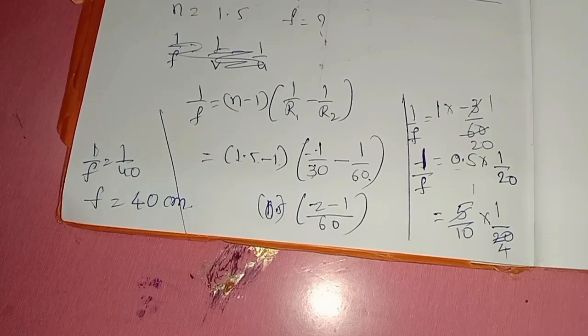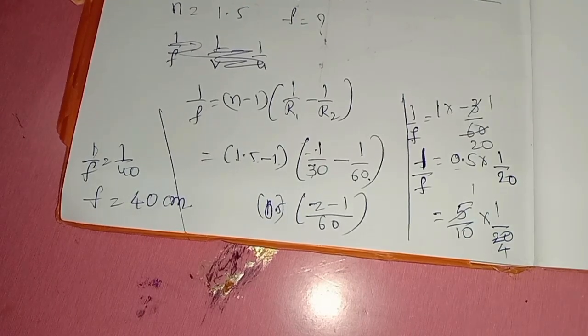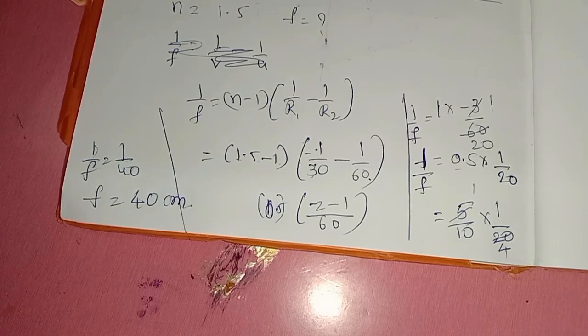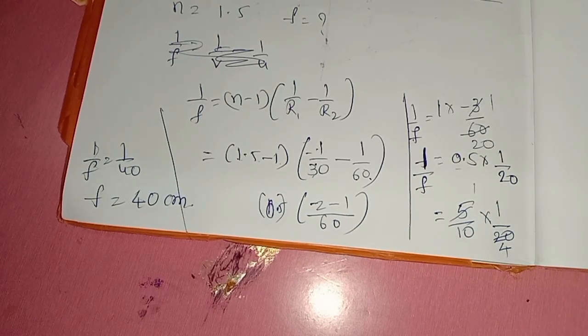Here we have one more lab activity related to lenses, on page number 75: observing the types of images and measuring the object distance and image distance from the lens.